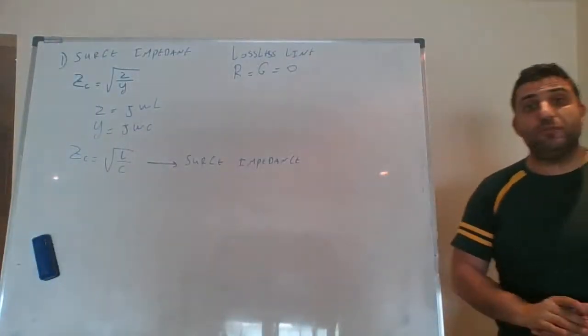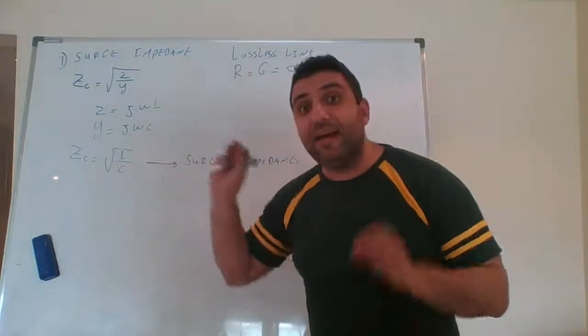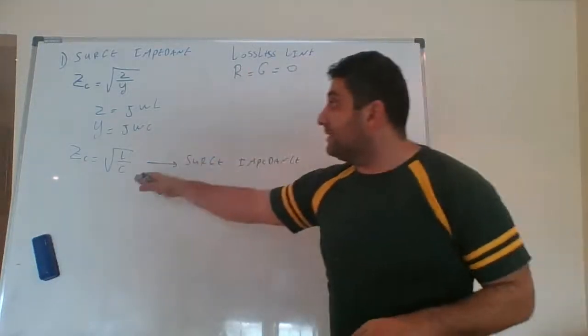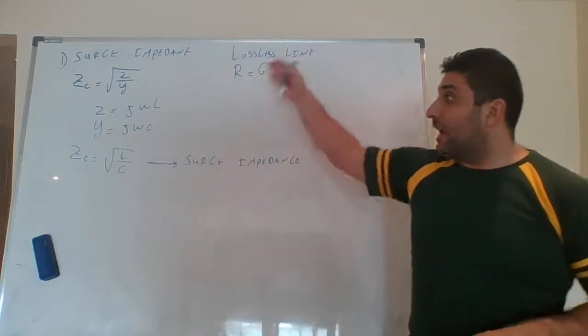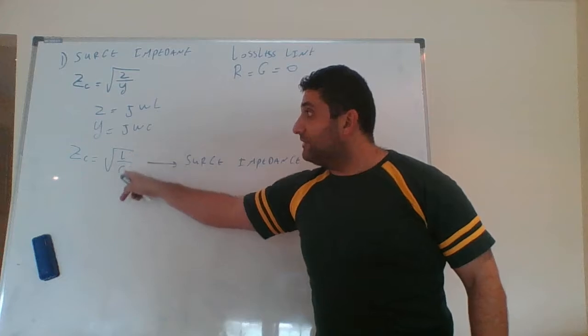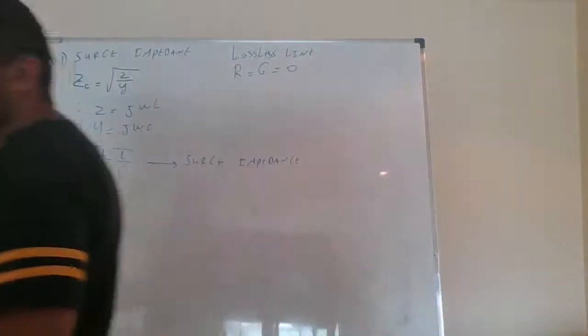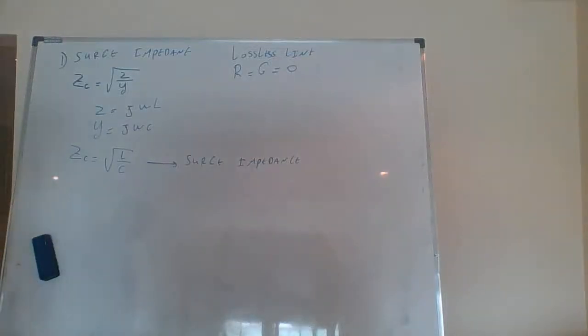Is that clear, what a surge impedance is? Surge impedance is the characteristic impedance of the normal transmission line under lossless conditions. It is equal to the square root of L, the inductive component, divided by C, the capacitive component, which is known as the surge impedance. Let us now recall the propagation constant.